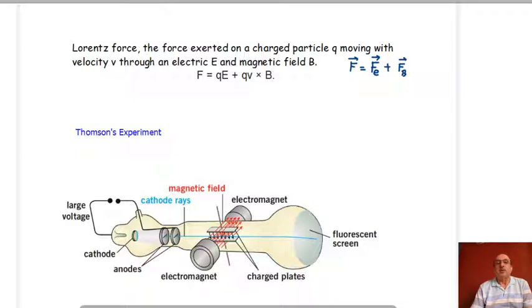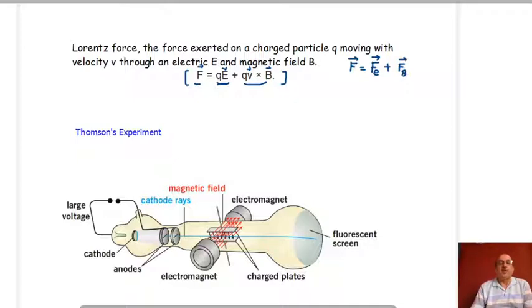Simply we may write F equals QE, where QE is the electric force and QV cross B is the Lorentz magnetic force. So the Lorentz force inside an electric field and magnetic field on a moving charge is F equals QE plus QV cross B. This equation we will use in various devices also.